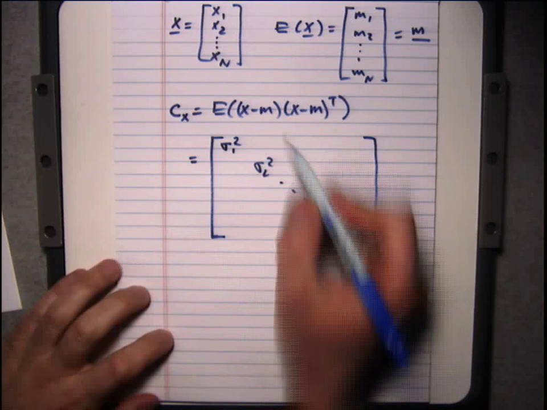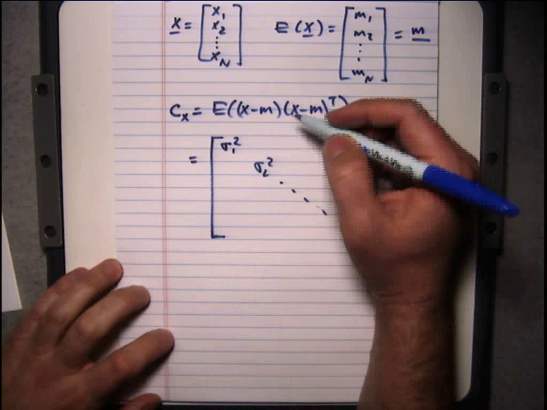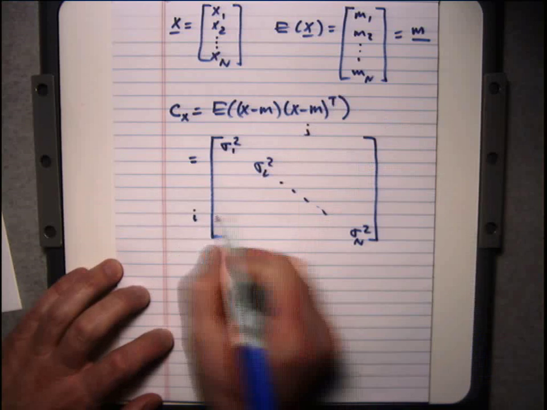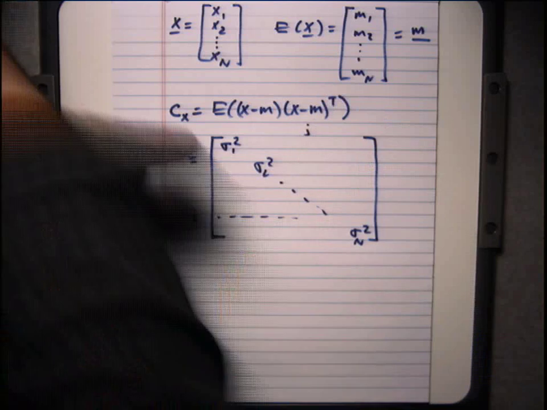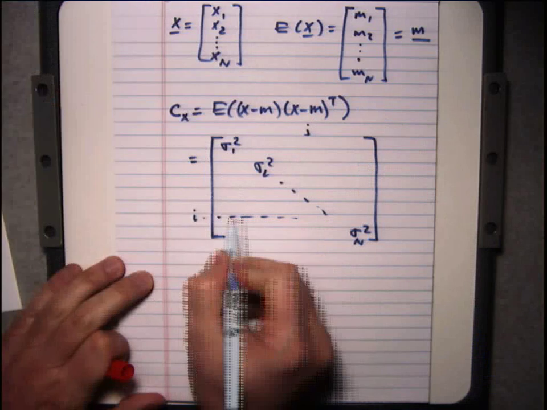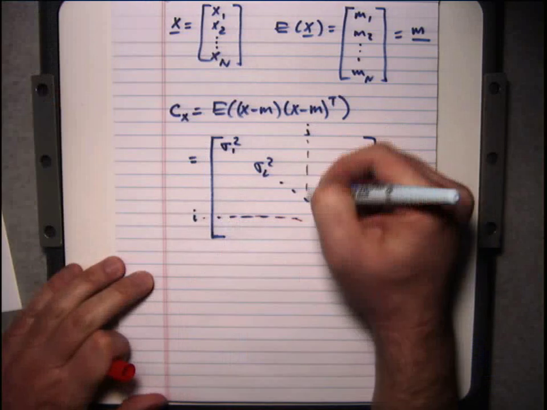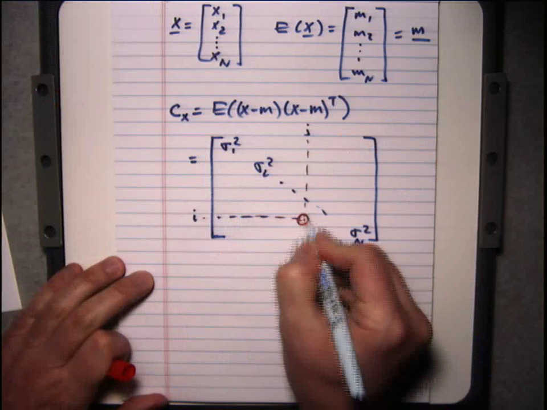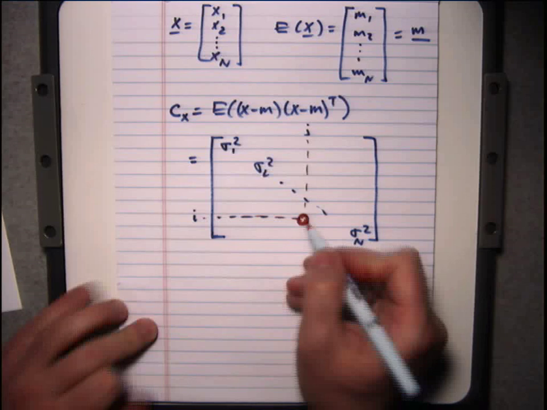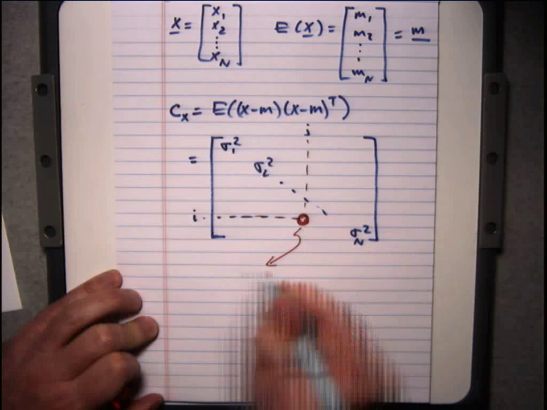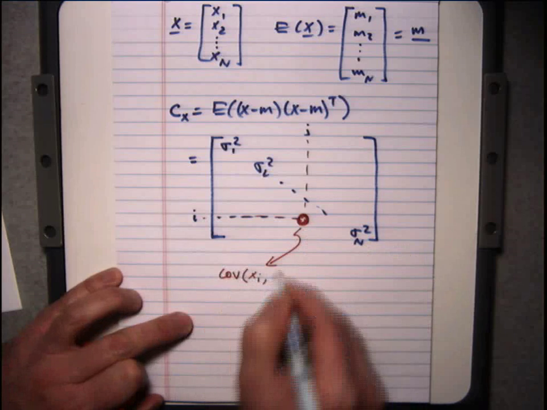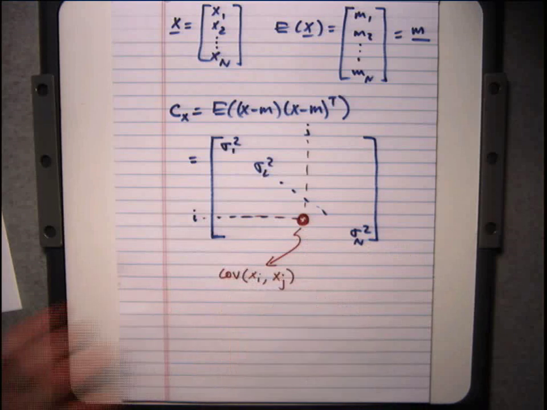So let's say we take some position here, let's say j, and some position here, i. So if we go here, I and j, the value in that position would be the covariance of xi and xj.